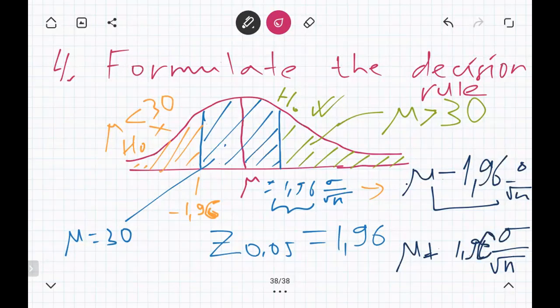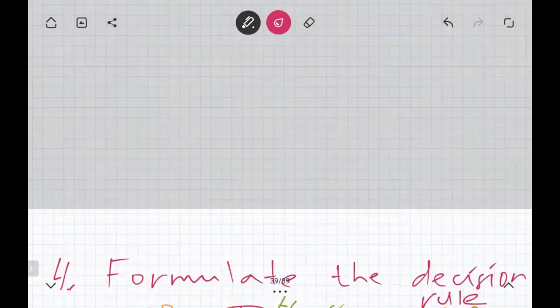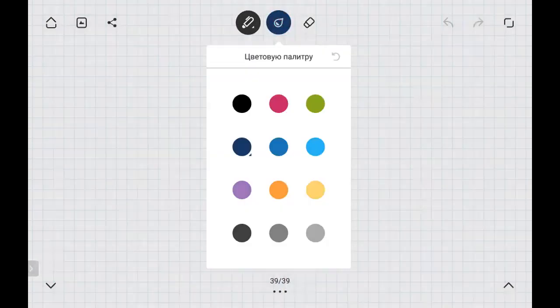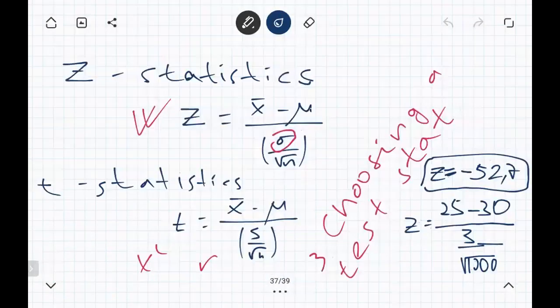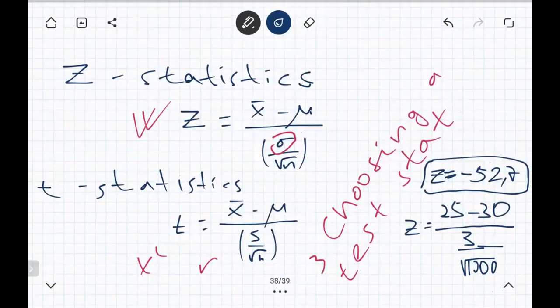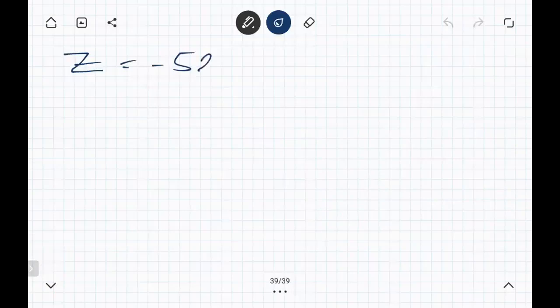Our next step would be making a decision. So we know the boundary, it's minus 1.96. And we know our value of z. So my z is minus 52.7.